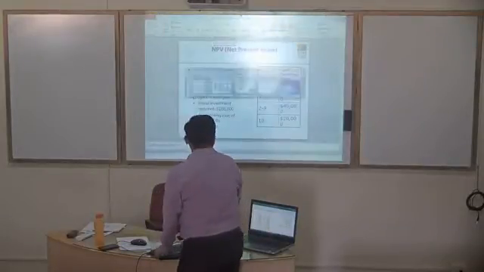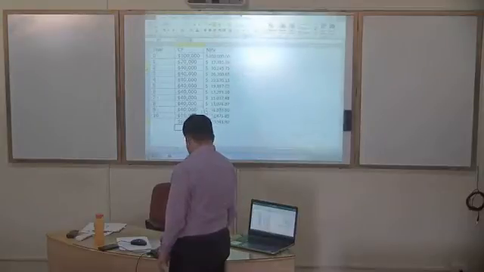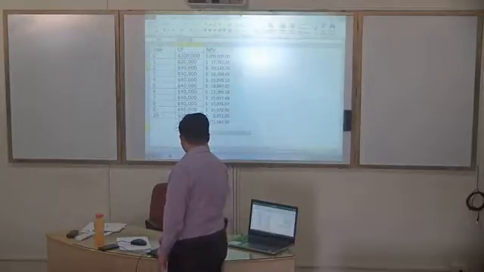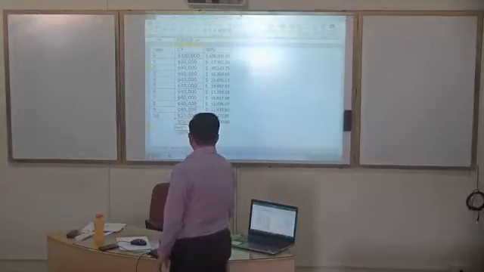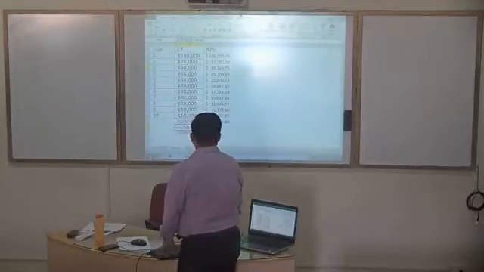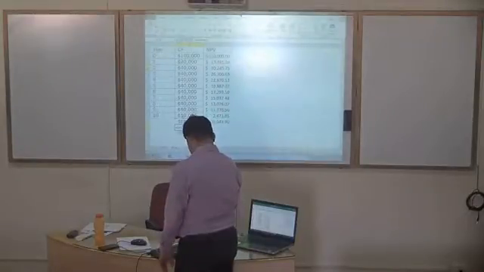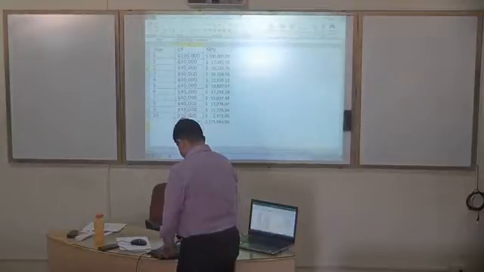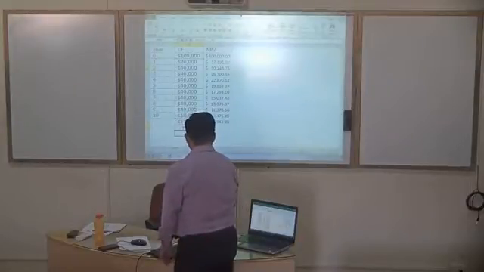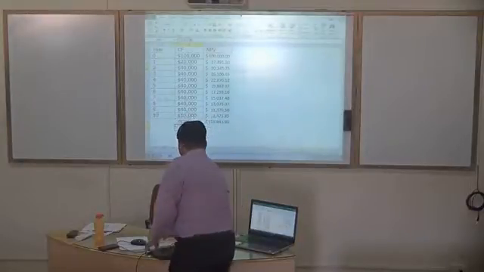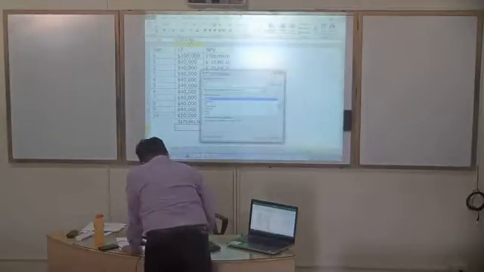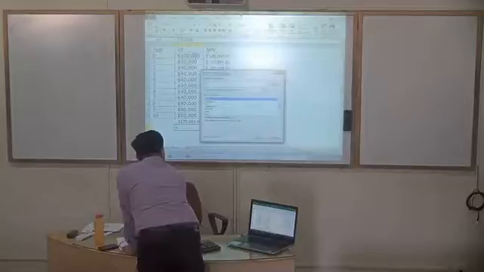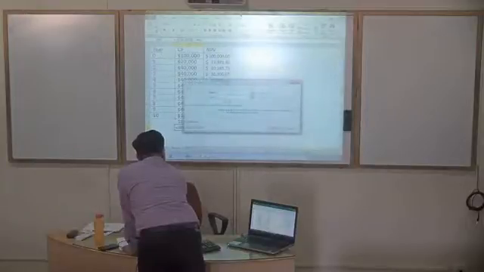Note this. Go to the Excel sheet. So there is a formula called IRR. The moment you put the formula, if I go to this IRR, it will help me to build the formula.